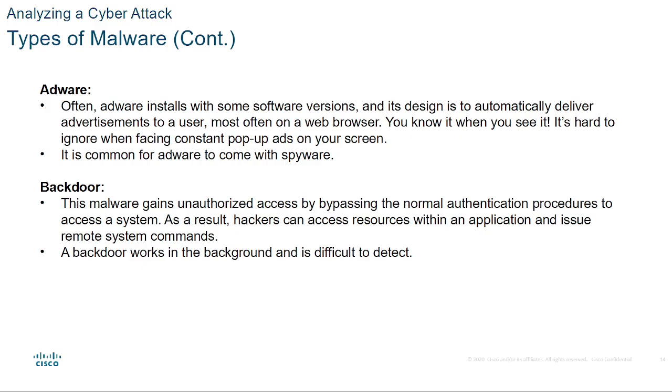Another malware we have is backdoor. This malware gains unauthorized access by bypassing the normal authentication procedures to access a system. As a result, hackers can access resources within an application and issue remote system commands. The backdoor works in the background and is difficult to detect.